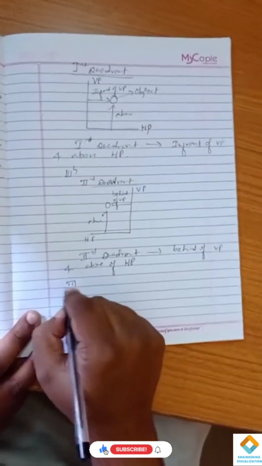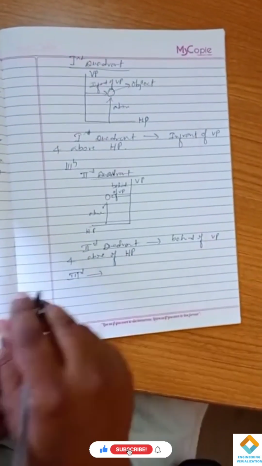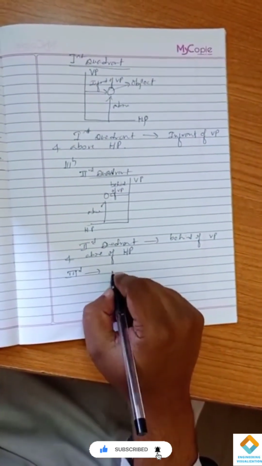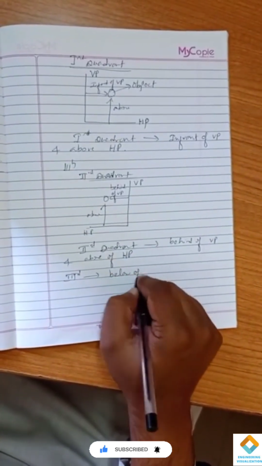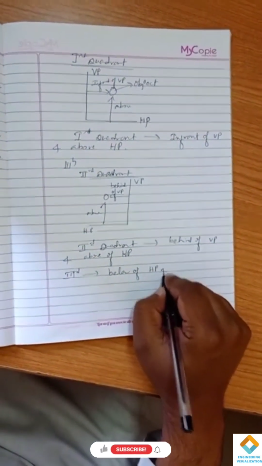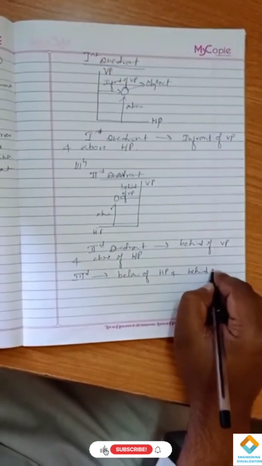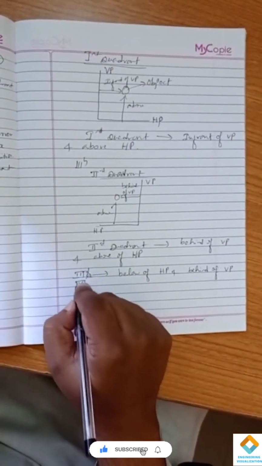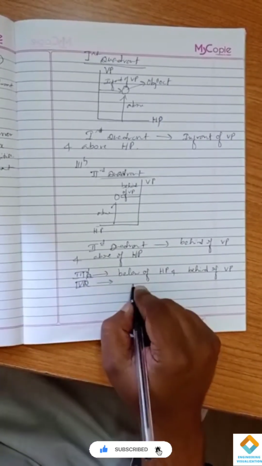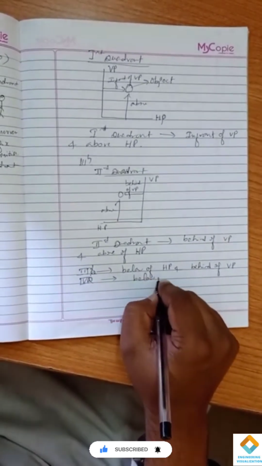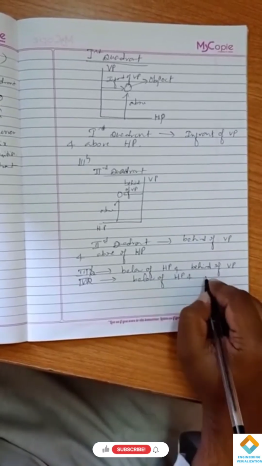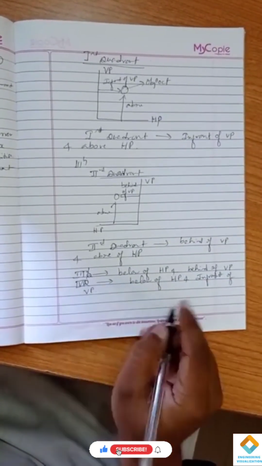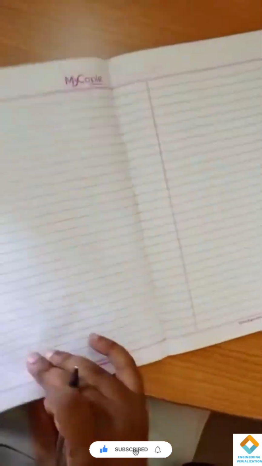Simultaneously, we can write for the third and fourth quadrants. The third quadrant is below HP and behind VP. Similarly, the fourth quadrant is below HP and in front of VP. This is all the definition of the quadrants.